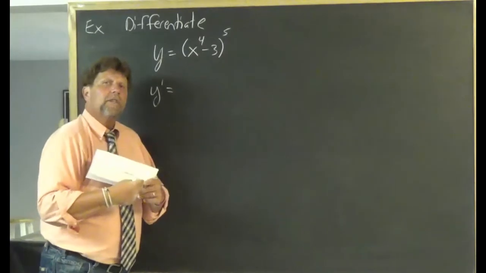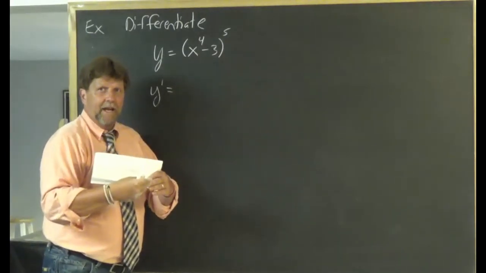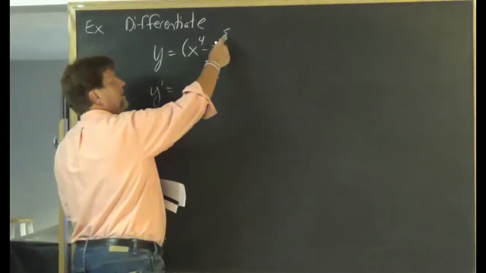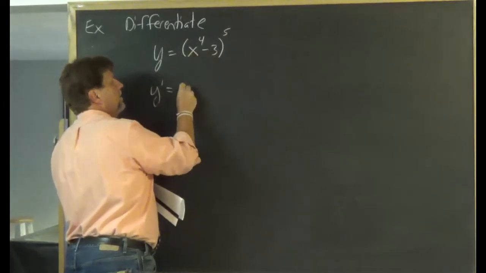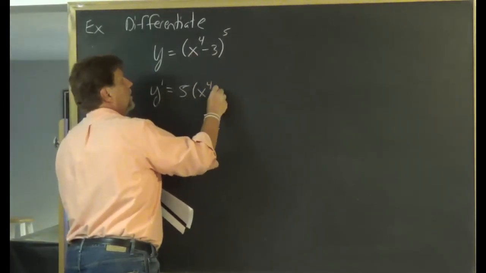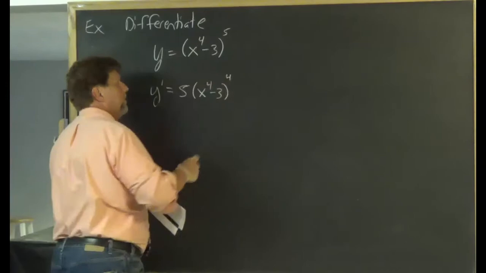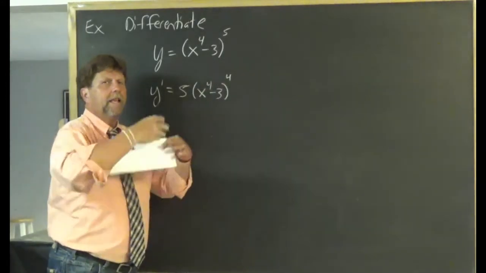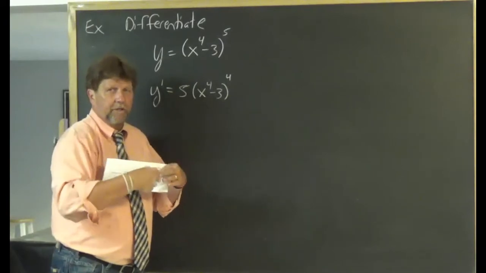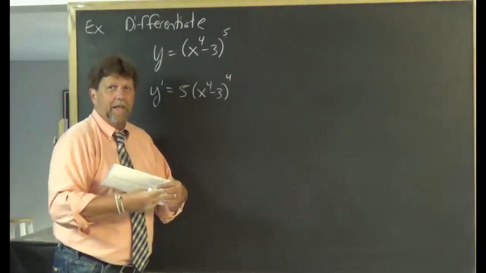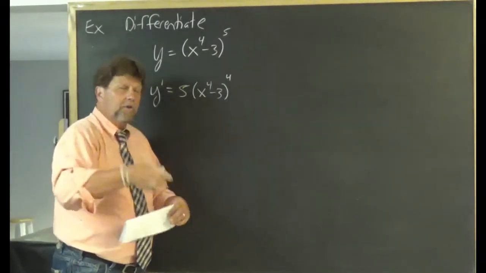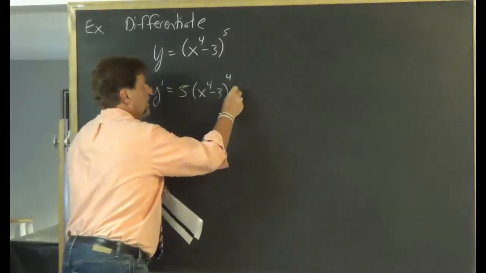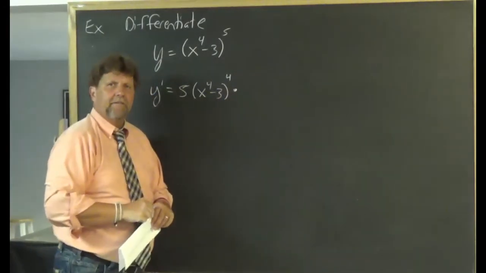So the chain rule says do the derivative of the outside. So the derivative of the outside, 5 comes out front, and subtract 1 from the exponent. So that's the f prime part of when you look at the chain rule. We've done the derivative of the outside. Now you multiply that by the derivative of the inside function.